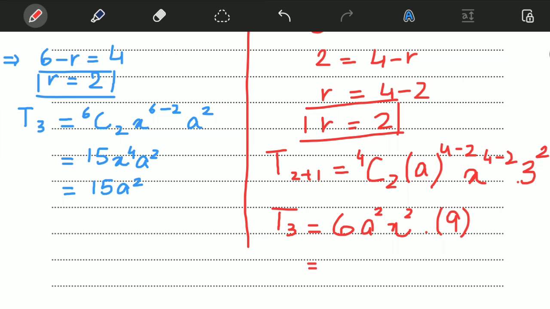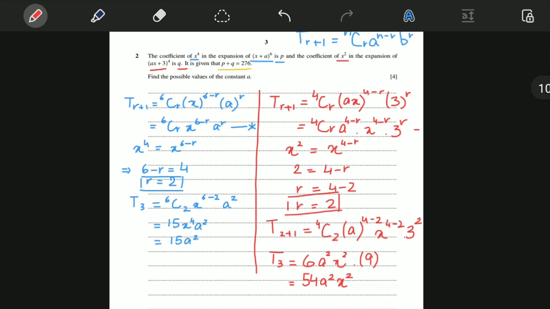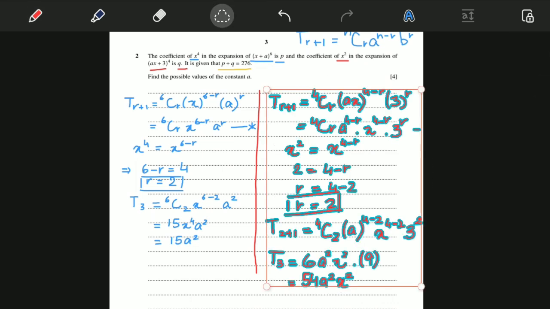So simplifying this further will give you 54a square. So this is your coefficient of x square in the second expansion. Okay, so let's just try to arrange this a bit.